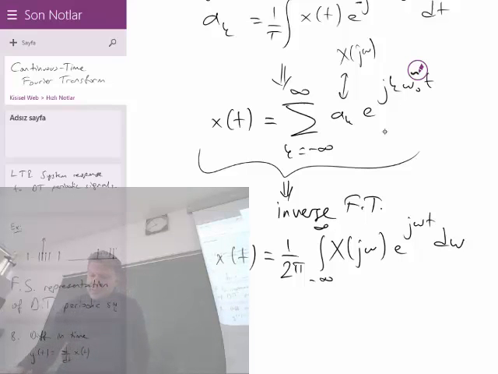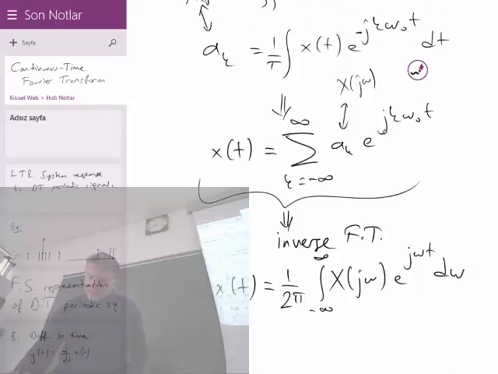And notice the similarity here. It is a_k times e to the j k omega 0 t. But k omega 0 here is omega. Omega is k times omega 0. That is the frequency, which appears here, e to the j omega times t. Not k omega 0. That corresponds to the true frequency. And it's not a_k with k corresponding to a frequency.